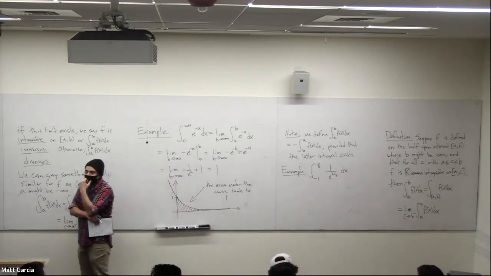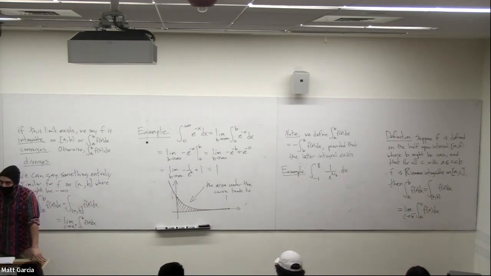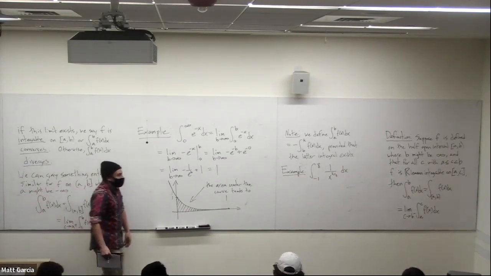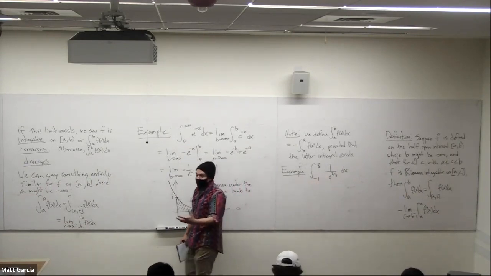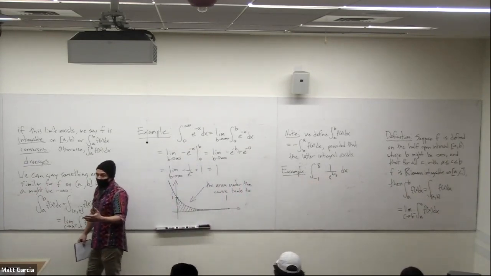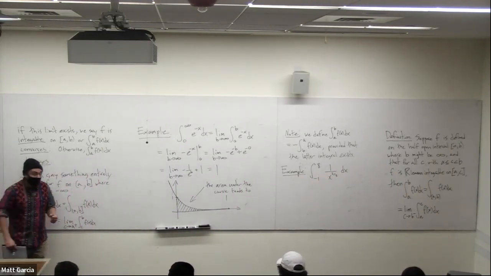Yeah. So we're from -1 to 0. Yeah, great. Why is that? Yeah, right. So the integrand, this function, 1 over x to the 2/3, has an asymptote at x equals 0, right? It can't assume that value.